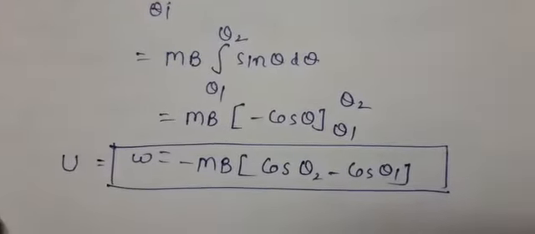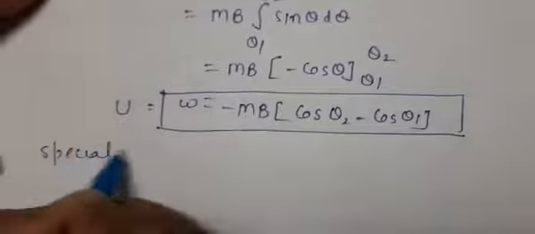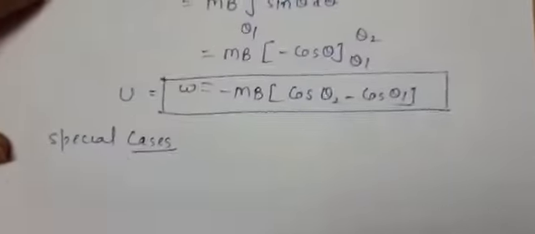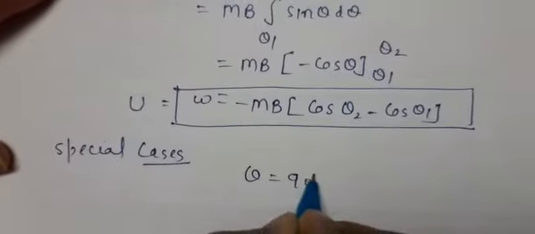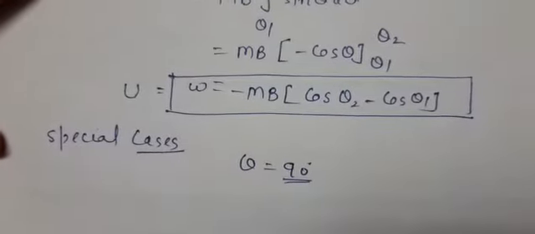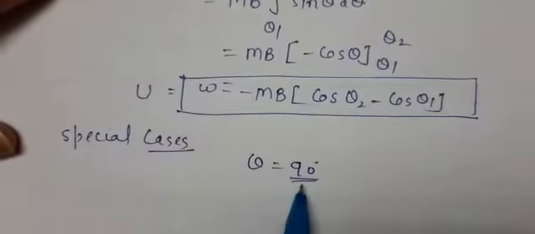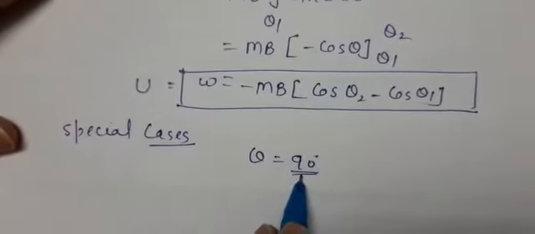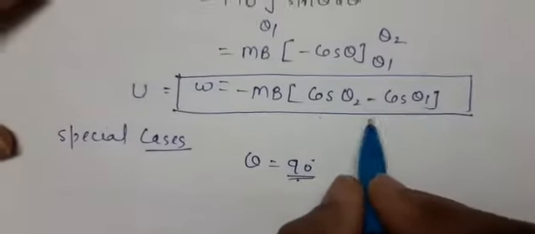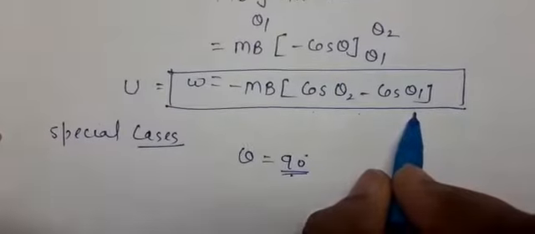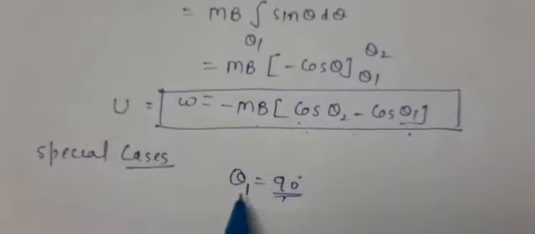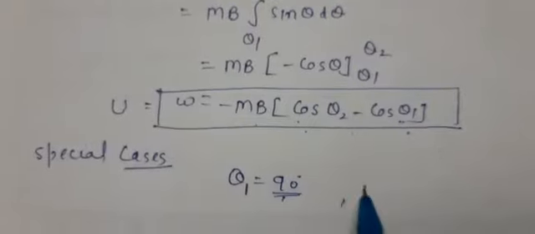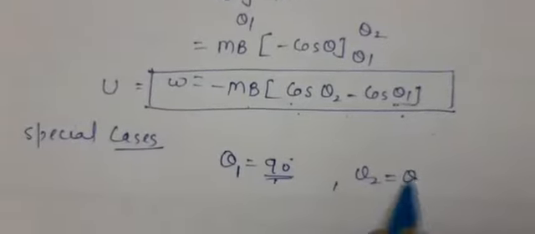Now here we discuss some special cases. See, if theta is 90 degree, basically if we are taking theta is 90 degree, correspondingly in this result now, so there are two angles. Let we are taking theta 1 to be 90 degree and theta 2 to be another angle, theta.